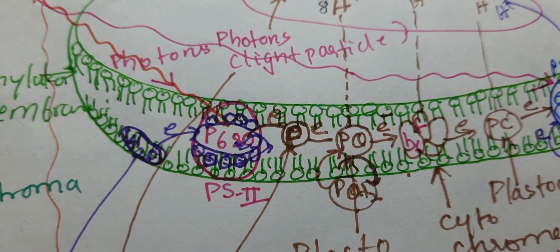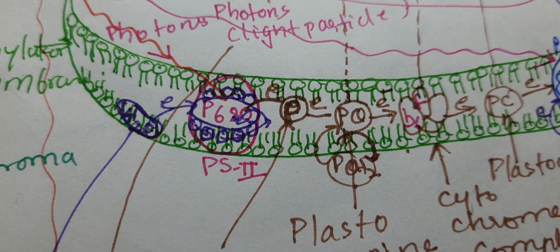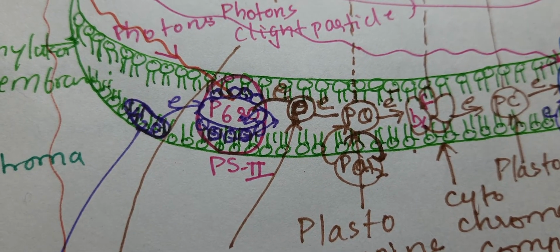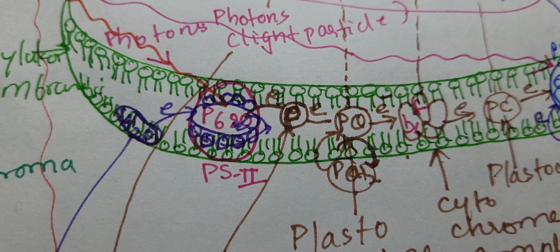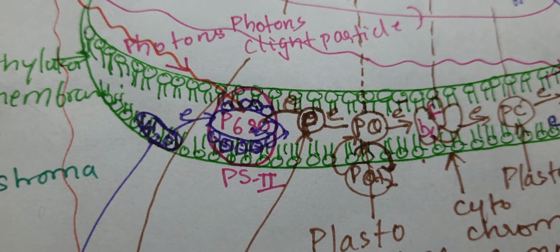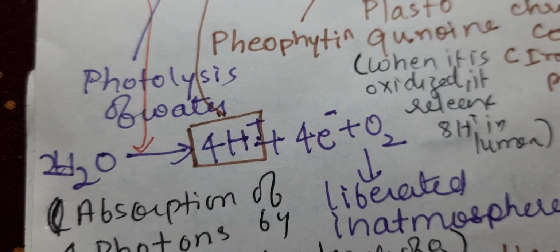Now over here you see at P680, the electron is lost. The electron that is lost will not come back to P680, but it is compensated by photolysis of water.